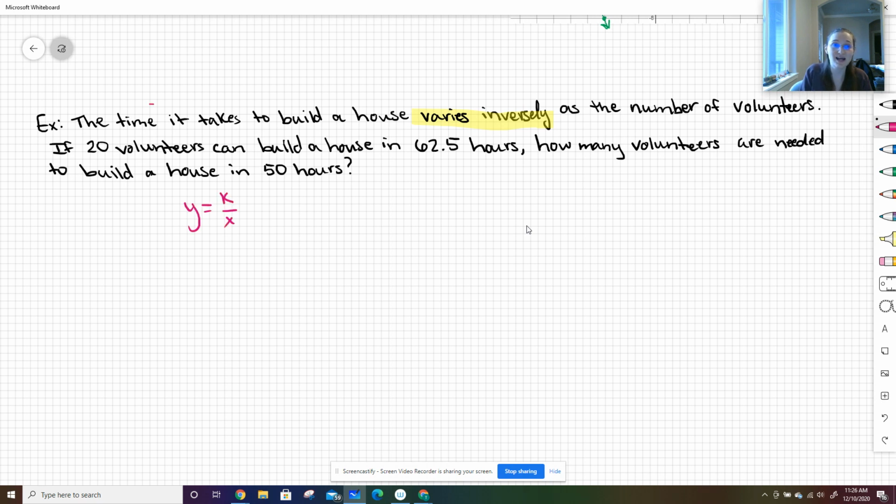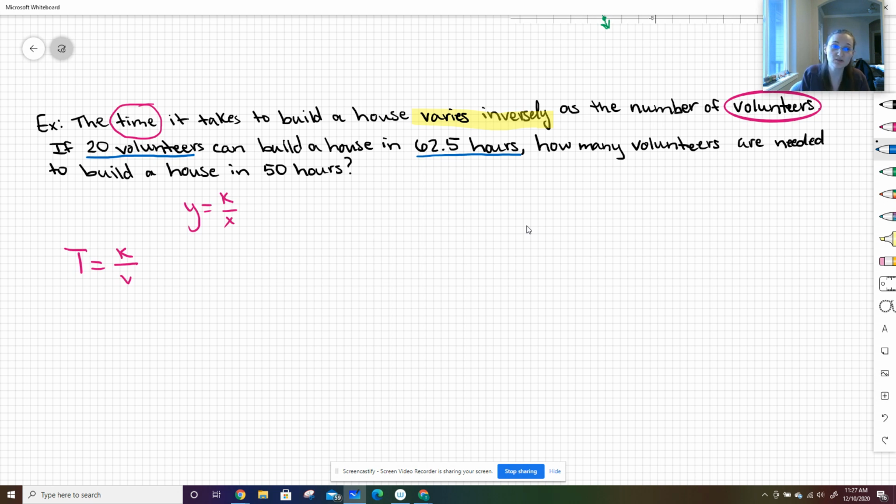And it says the time varies inversely as the number of volunteers. So we're going to have time equals k over volunteers. Okay, then we know if 20 volunteers can build a house in 62.5 hours, how many volunteers are needed to build a house in 50 hours?